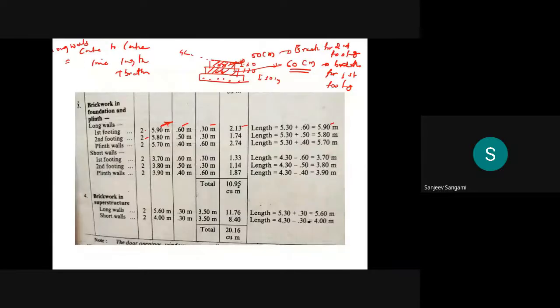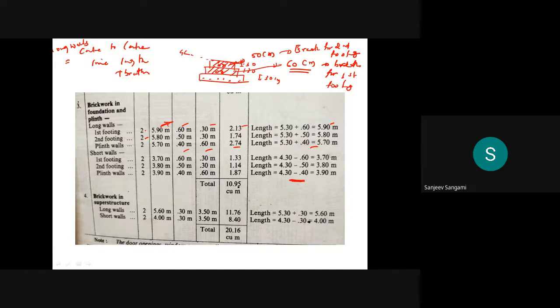That same you can apply here. So as breadth is 40 centimeter, height is 60, multiply it, you get the same. For short walls, we follow the same procedure. Same thing, only you have to deduct it. What we did is, for short walls you have to deduct the breadth, and for long walls you add the breadth. That thing you have to remember.